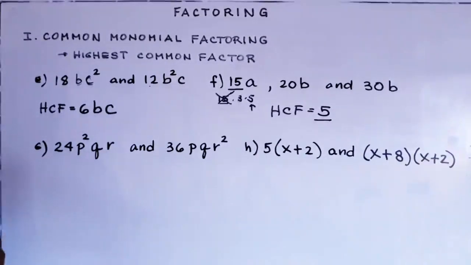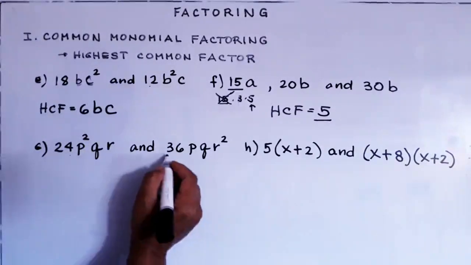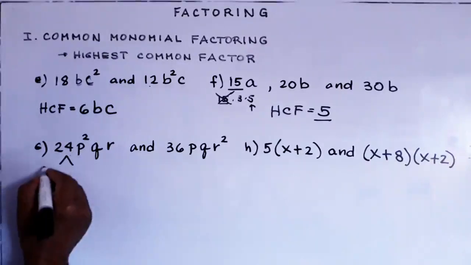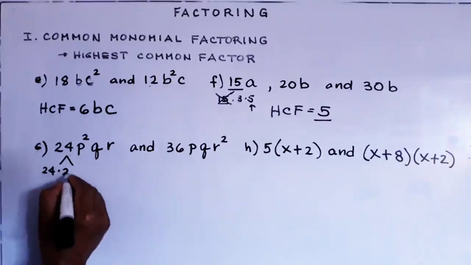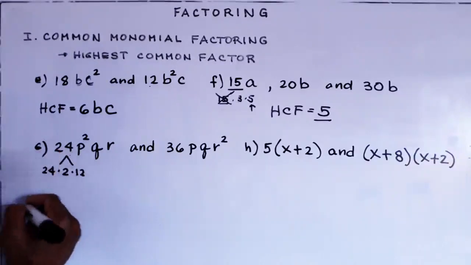Okay, let's have letter G. 24 and 36. Which is smaller? 24. So we start from the smaller. Alright, let's have the factors of 24. 1 times 24 is 24. We have 2 times 12 is 24.